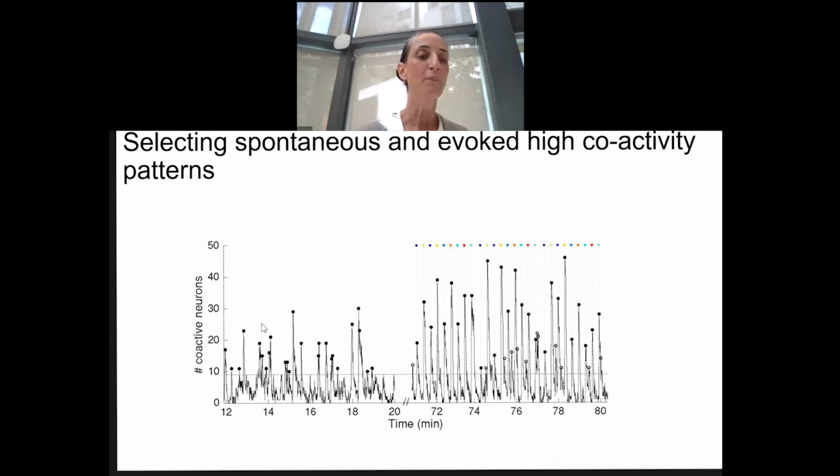We looked at the time points where there's a peak in the coactivity level, and we classified a few different conditions. One were patterns that occurred in the dark. One were patterns that were locked to the stimulus. And the third were patterns that were between stimuli but not locked to the stimuli. This is to differentiate between patterns that are sensory driven and patterns that are spontaneously driven.